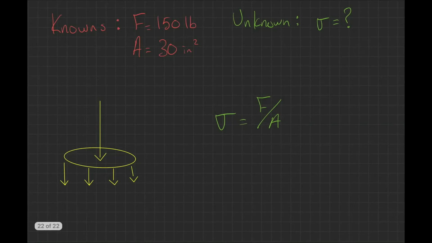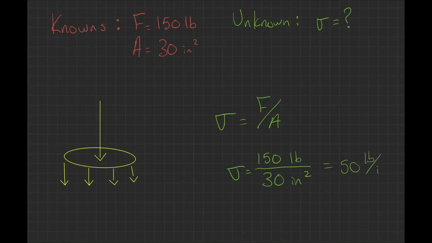We know that F is 150 pounds, and we know that A is 30 inches squared. Okay, so if we divide those out, we get a stress of 50 pounds per inches squared.